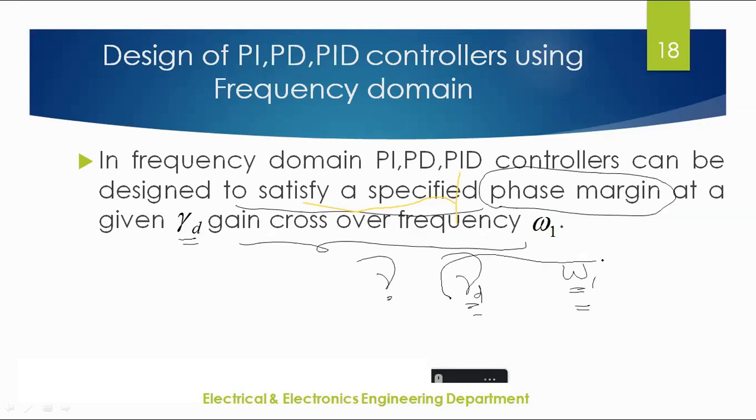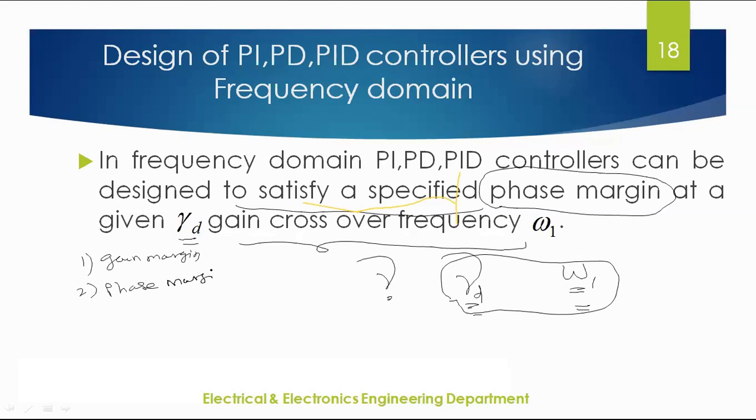Using these two frequency domain parameters, we know the frequency domain specs: gain margin, then phase margin, then bandwidth, then gain crossover frequency, omega GC, then phase crossover frequency, omega PC.